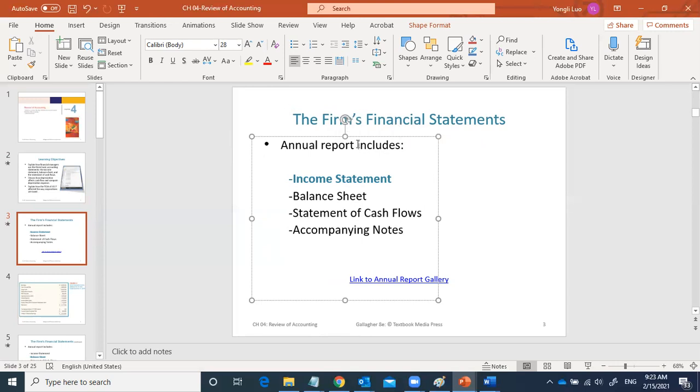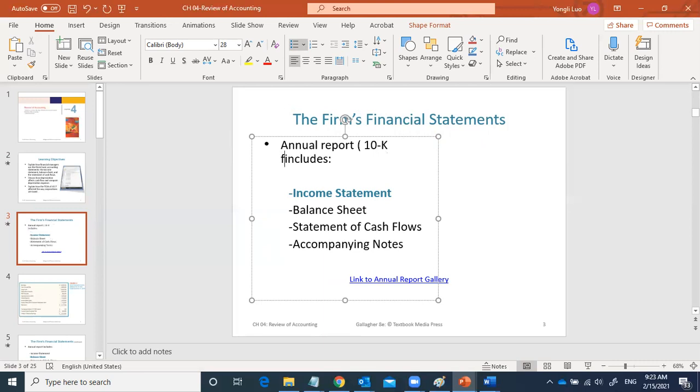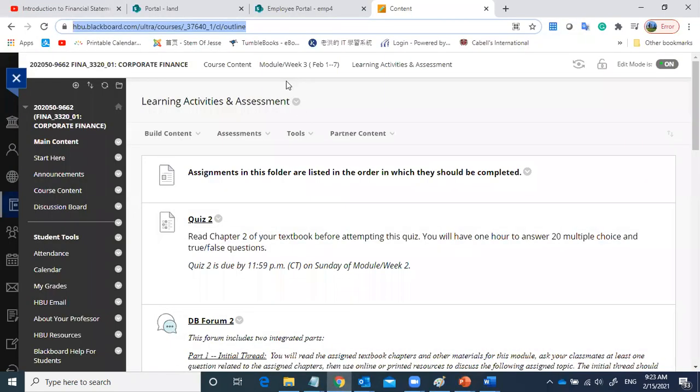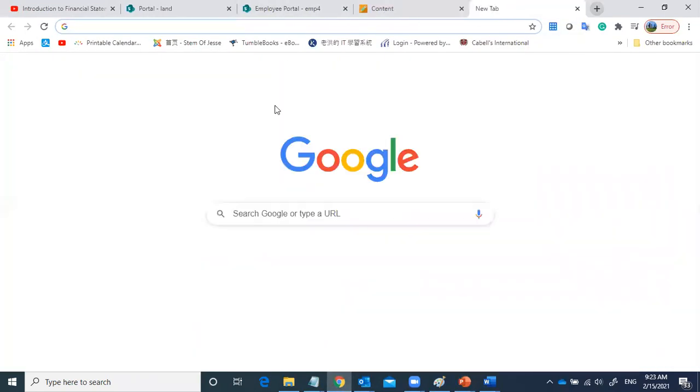The annual report is also called the 10K form. The 10K form is required by the SEC, the Securities and Exchange Commission, and all publicly listed firms must report their 10K form.